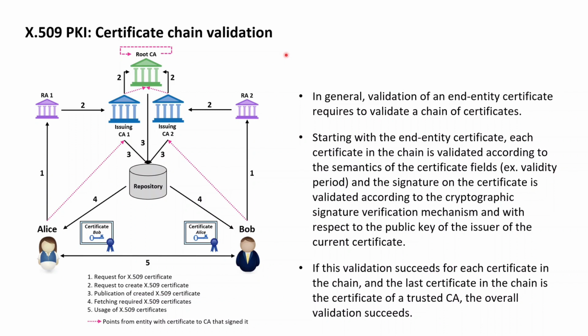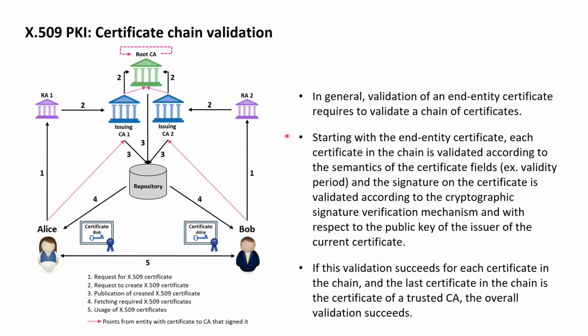To validate a certificate, the end entities need to be provided with a chain of certificates where the start of the chain is the end entity certificate to be validated, where at the end of the chain needs to be a certificate of a trusted CA, which will very often be a trusted root CA, and where the certificates in between the start and the end are just the certificates of all the CAs making up the path from the end entity certificate up to the root CA in the PKI.